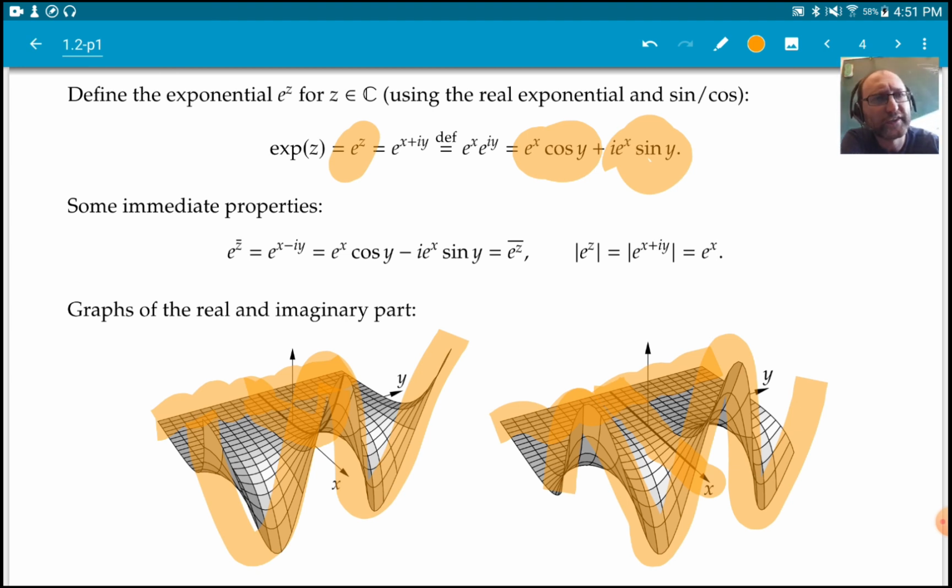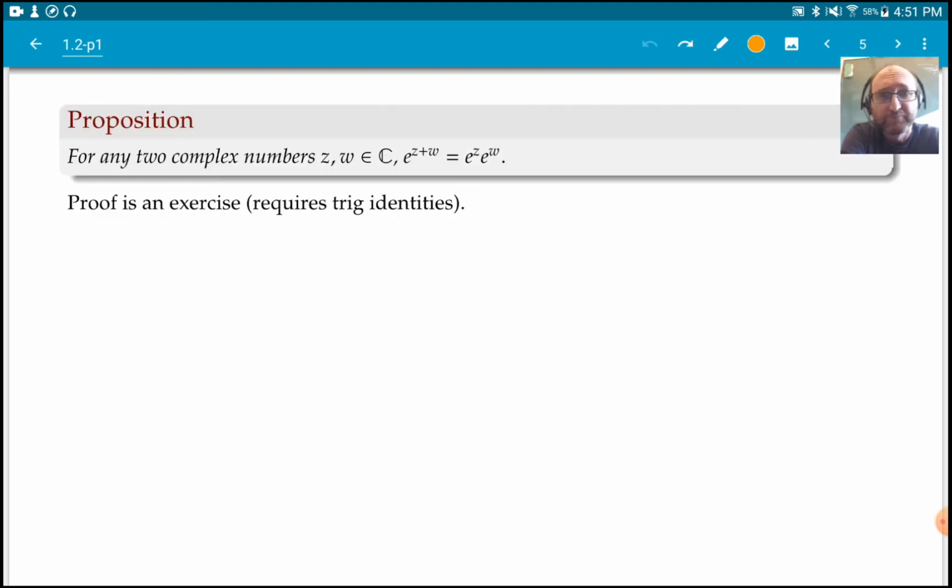All right. So one of the basic properties of the complex exponential is the laws of exponents. e to the z plus w is e to the z times e to the w. And this just follows from some trig identities.